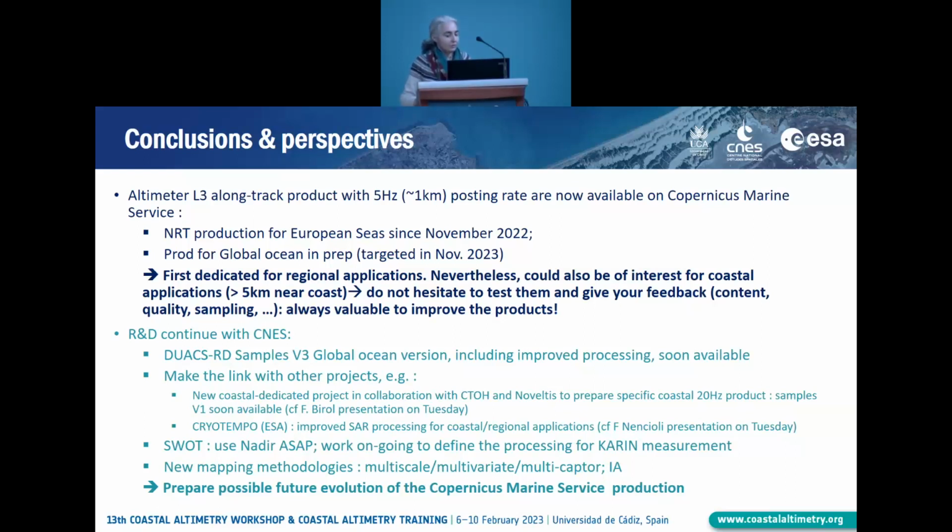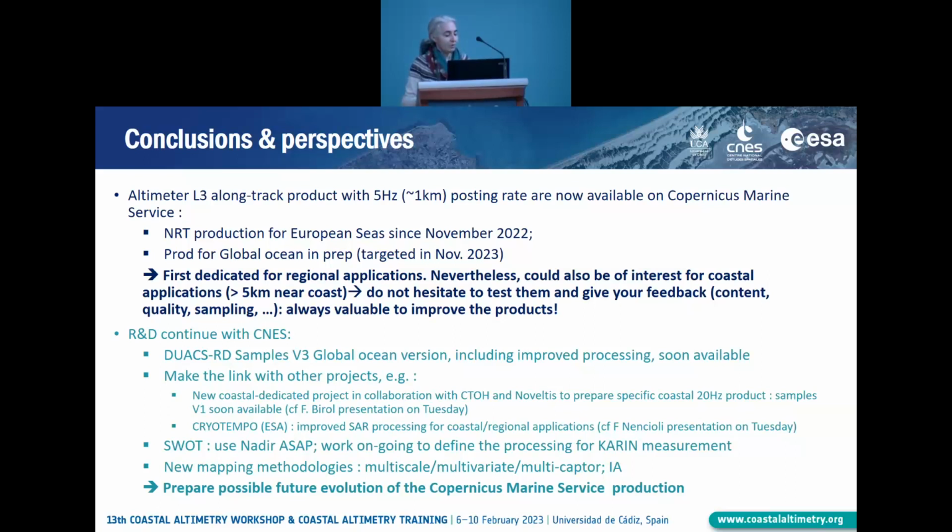We are also preparing the processing of the SWOT measurements. First, the nadir measurements that we will try to include in our processing as soon as possible. And we are also working on the definition of the processing that we will need to apply on the KaRIn measurement for future production also.